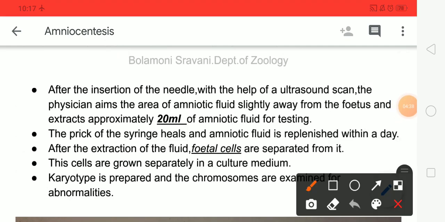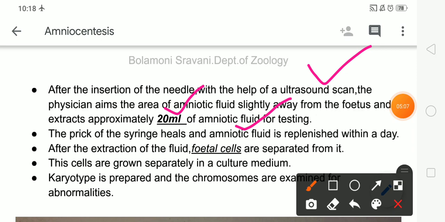After the insertion of the needle, in the next step, the physician with the help of an ultrasound scan places the syringe in the amniotic fluid and extracts about 20 ml of amniotic fluid for testing, and the prick of this syringe heals and the amniotic fluid is replenished within a day. That is, the amniotic fluid which we have extracted is regained by the mother.